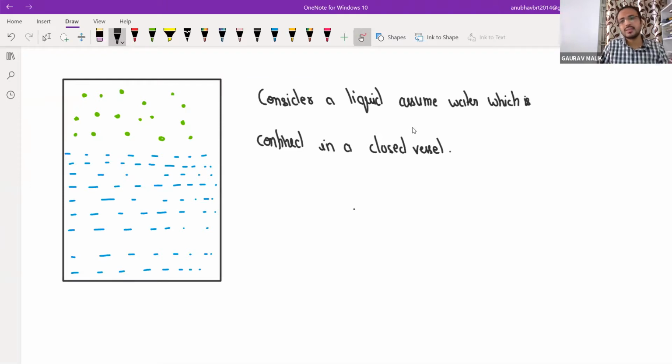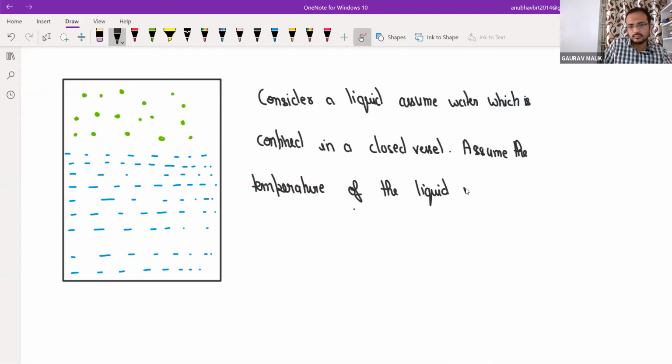Initially, assume the temperature, same as in thermodynamics, I always took 20 degrees Celsius. Here also, assume the initial temperature of the liquid is 20 degrees Celsius, and the pressure is atmospheric pressure.